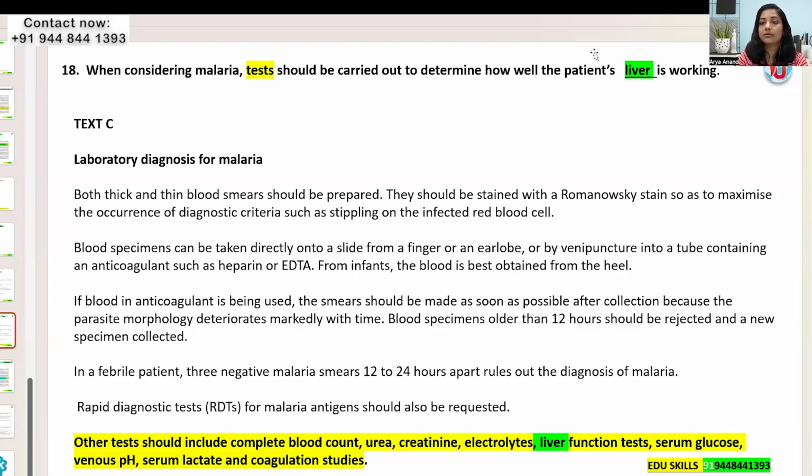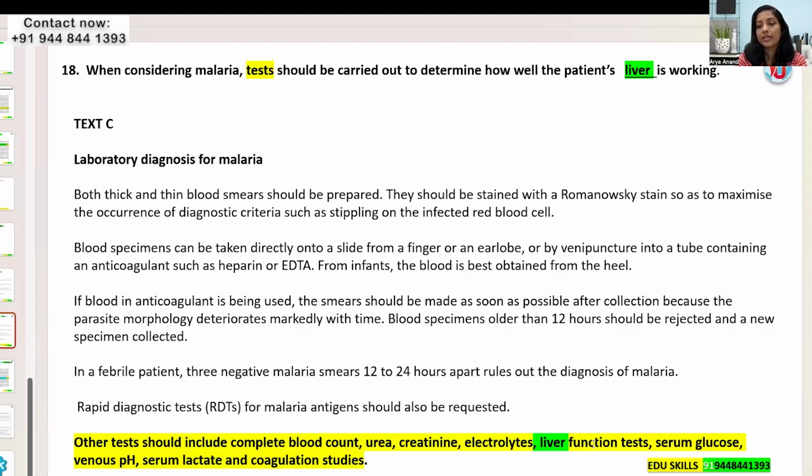So you need to see here: other tests should include complete blood count, urea, creatinine, electrolytes, liver function tests. That means you need to know how your liver is functioning, right? Then serum glucose, venous pH, serum lactate, and coagulation studies they have mentioned. So what is your answer here?